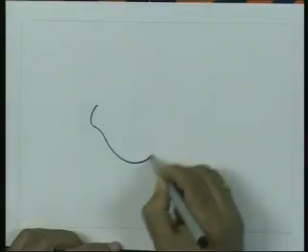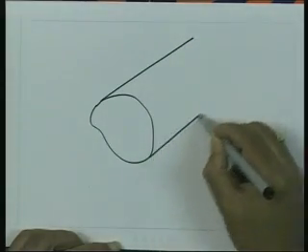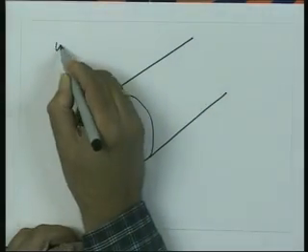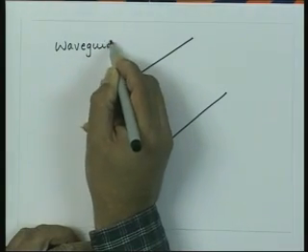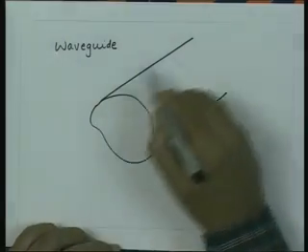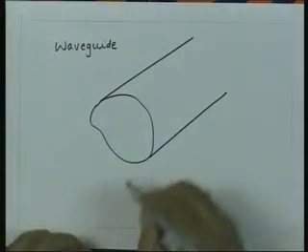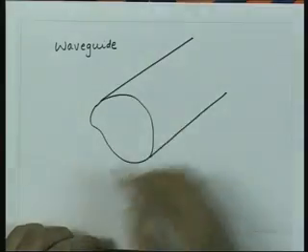So, the idea here is as follows. Let us say I have some arbitrary shape waveguide, a pipe which I call a waveguide. This is a conducting pipe, and the electromagnetic energy can flow along the axis of this pipe.